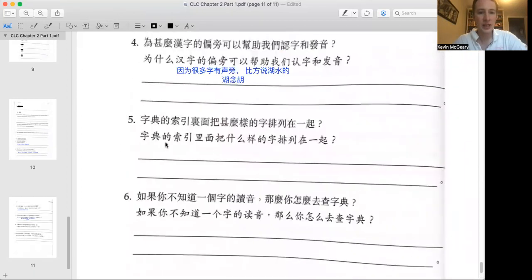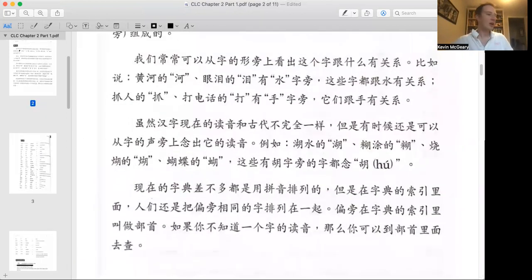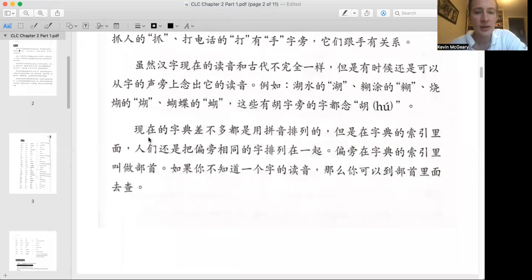第5个字典的部首里面把什么样的字排列在一起. So the next paragraph is about Chinese dictionaries because naturally, a Chinese dictionary is a bit harder to use than the dictionary of a Western European language. 虽然汉字现在的读音和古代不完全一样。Oh, sorry, wrong paragraph. 第5个, paragraph 5. 现在的字典差不多都是用拼音排列的。So, modern dictionaries almost all use pinyin.